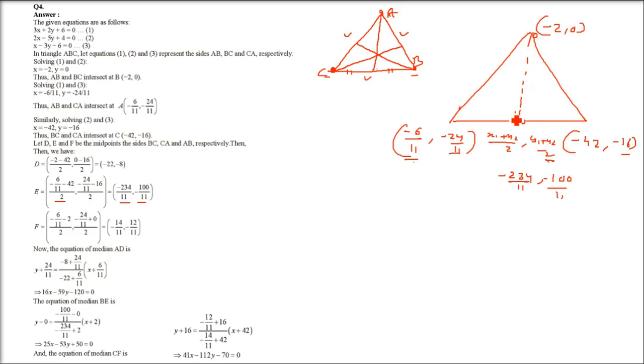Now we have 2 points, so we can form a line. That is y minus y1. You can take x1, y1 as minus 2, 0, and this you can take as x2, y2.